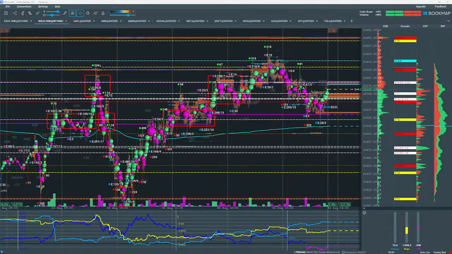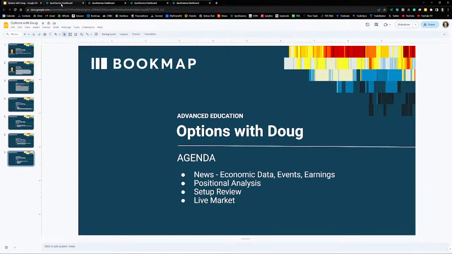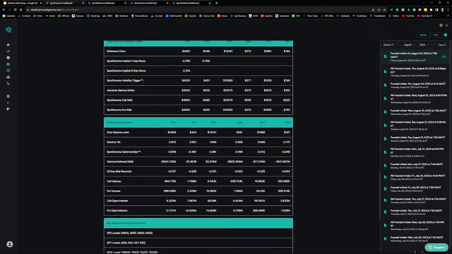All right, let's take a look now at gamma notional. There were some changes, so let's take a look at that. This is market makers' position on the gamma curve at the beginning of the day. Gamma notional for SPX, SPY, NDX, and QQQ.